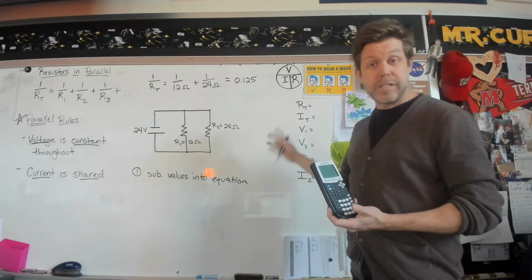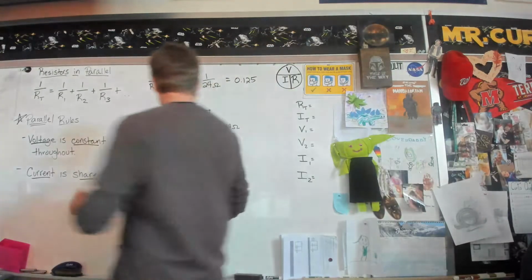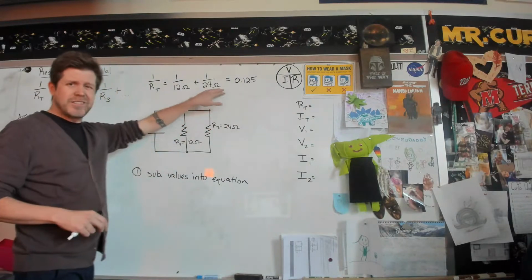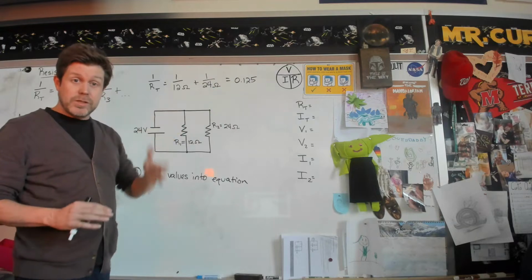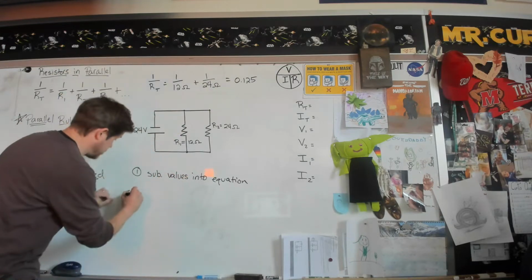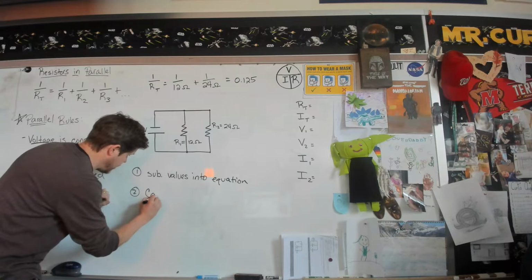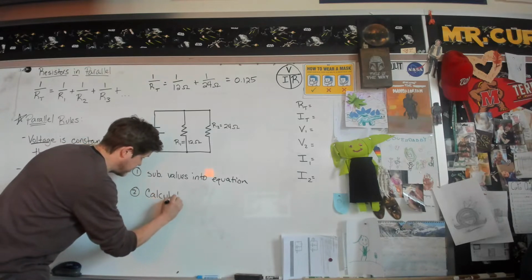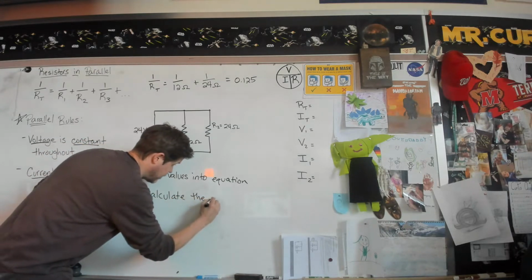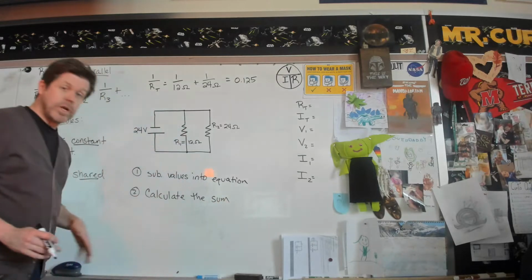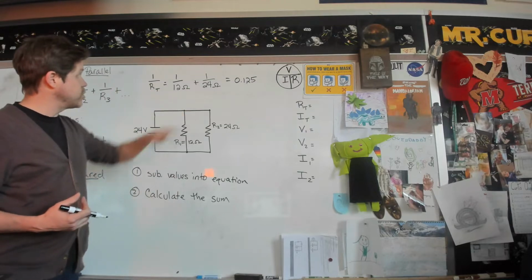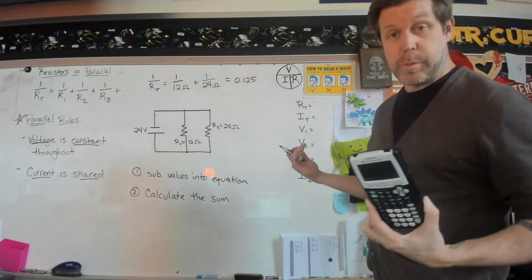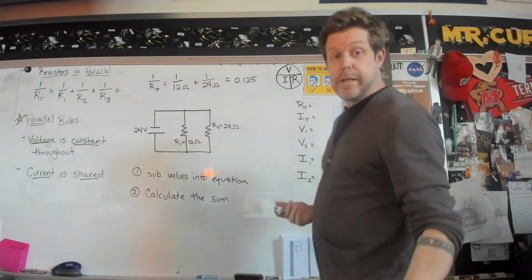So this brings me to step 2. Once you've subbed in your values, and I wish I'd stopped for a second, but whatever, we've subbed them in, and step 2 is simply to find the sum of the resistors. So you're going to calculate the sum. In other words, you're going to add those resistors together. Now, when I added it this way, my calculator is set up to give me a decimal response. Just my answers will come in decimals.